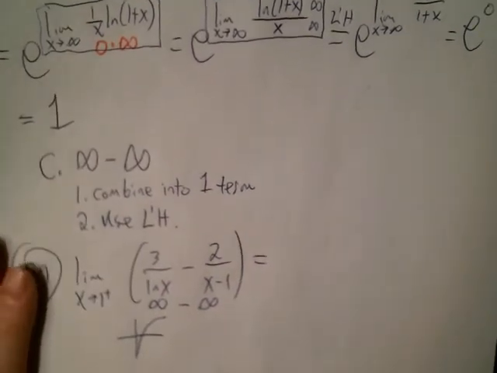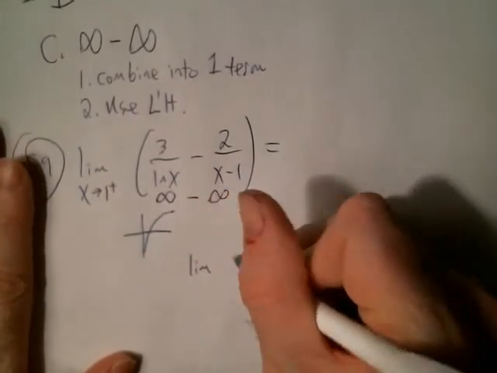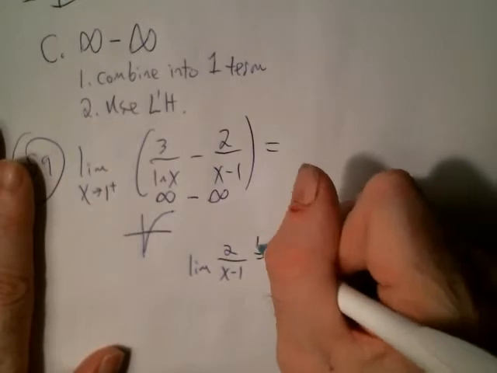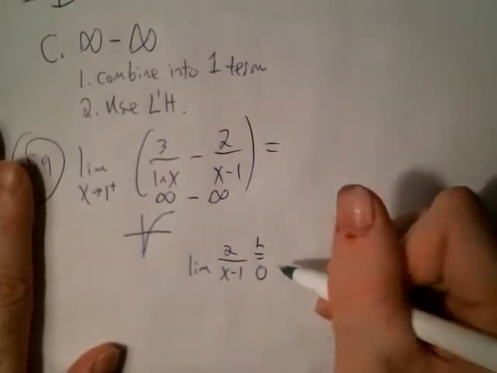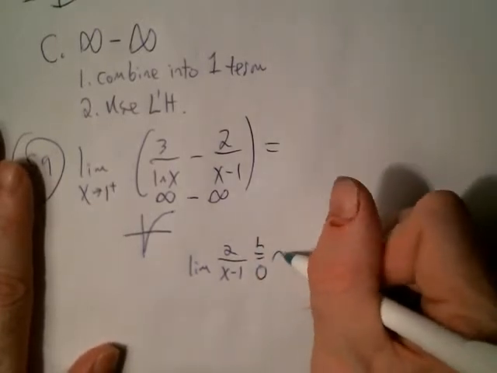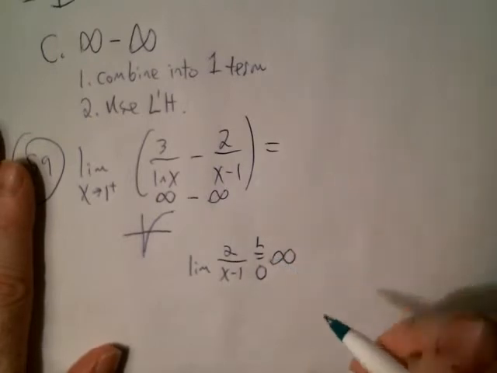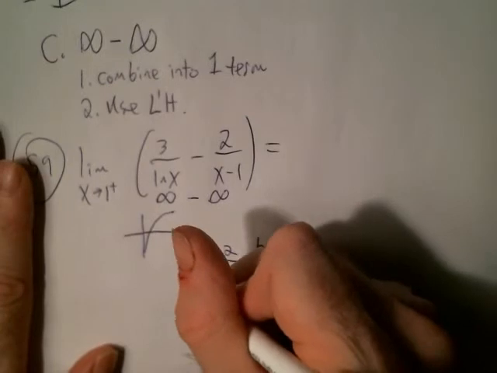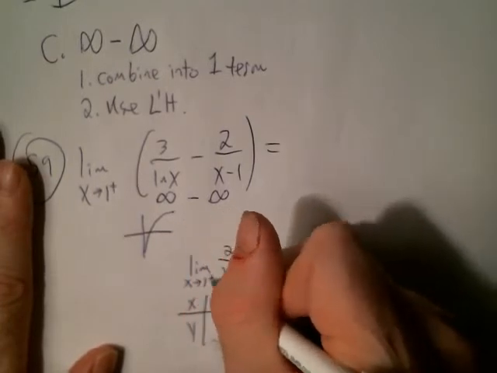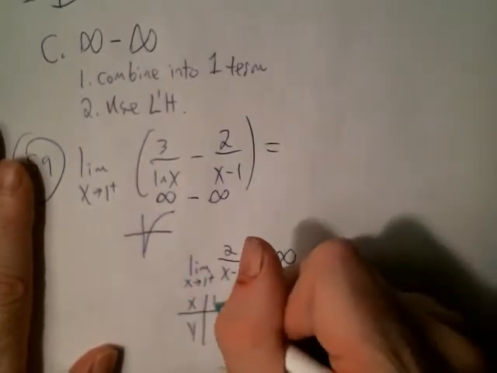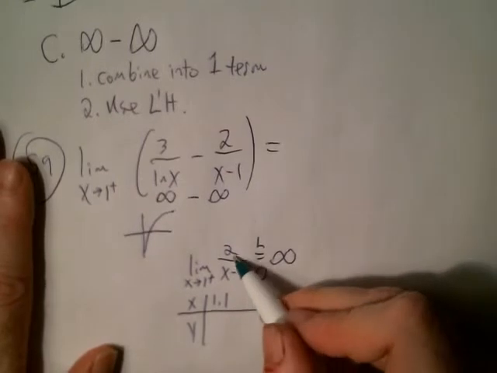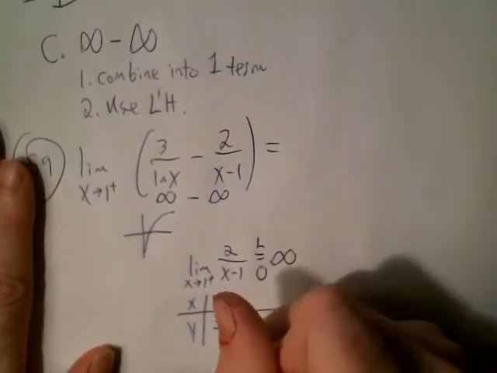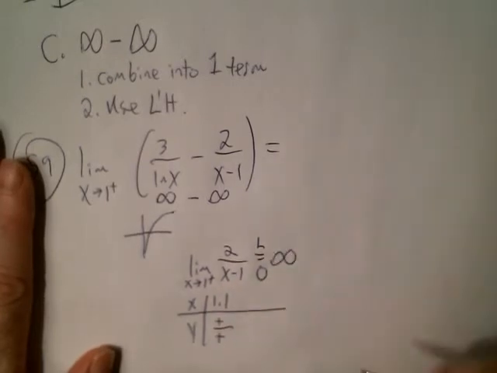So if you've forgotten, how do you figure out the limit of 2 over x minus 1? Whenever you have a form L over 0, that's either going to be plus or minus infinity. I know it's infinity via a test value. We're approaching from the right, so you consider a value like 1.1 and plug that in, and it'll be positive over 1.1 minus 1, which is positive, so this is positive infinity.